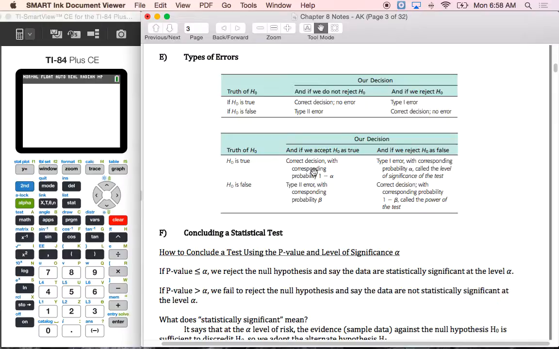Now, you do have some types of errors as you go through this. They list a bunch of stuff for you. The important one to remember is our alpha. Alpha is called your level of significance. Now, with your level of significance, it's called a type 1 error. That's this one right here. So that type 1 error occurs if we reject the null as false when really the null is true.